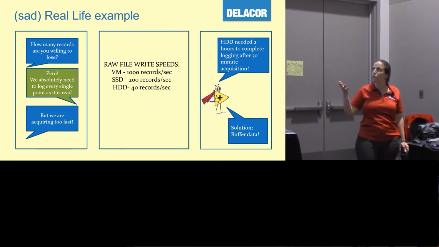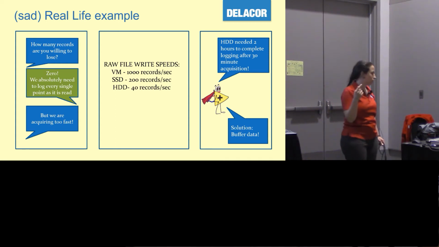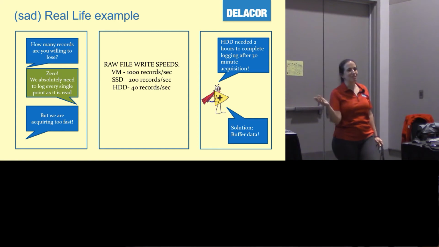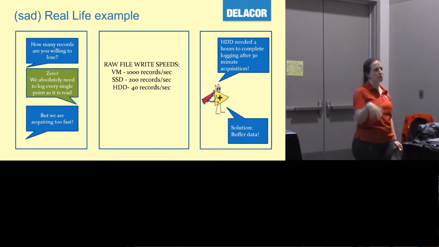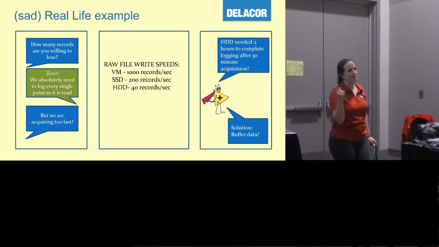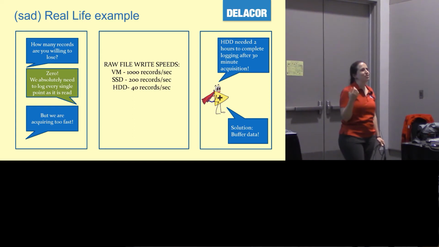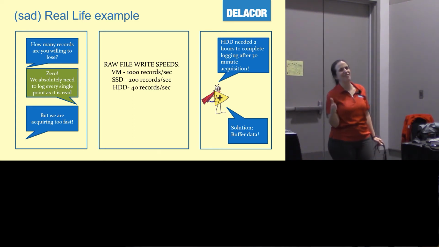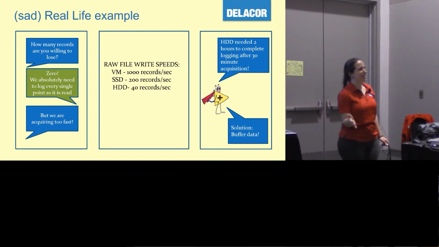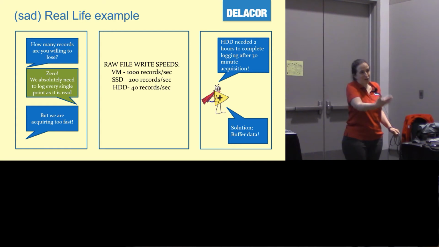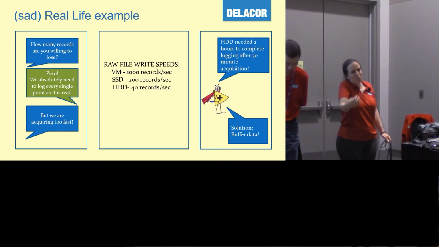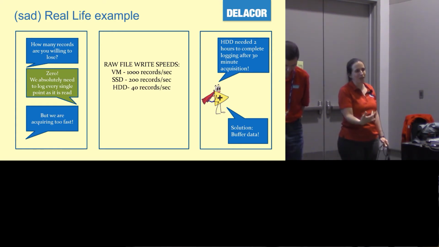And the hardware we were working with was a solid-state drive, and it was keeping up really well. And then they released the product, and it turned out that some of their end customers were using spinning drives. And it would take 2.5 hours after the 30-minute acquisition had finished to write everything to disk. And I was like, okay, so now we agree that writing every single point to disk is not really what you need.